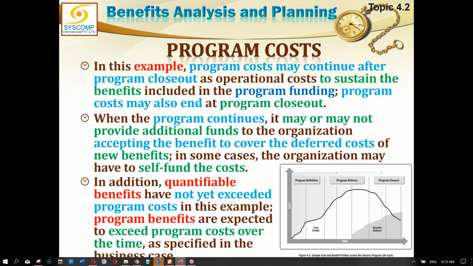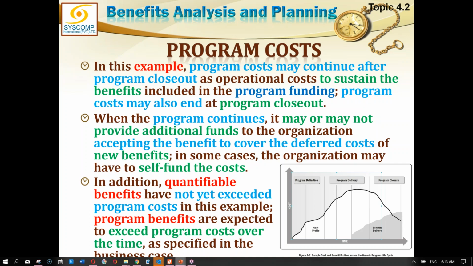Program cost may be expended later, and could be handed over to the performing organization or the taking over organization as operational costs. The program has served its purpose. Benefits have started yielding. All the specifics which were defined for the program to complete or close have been achieved, and the program benefit has been handed over to the customer or the organization.